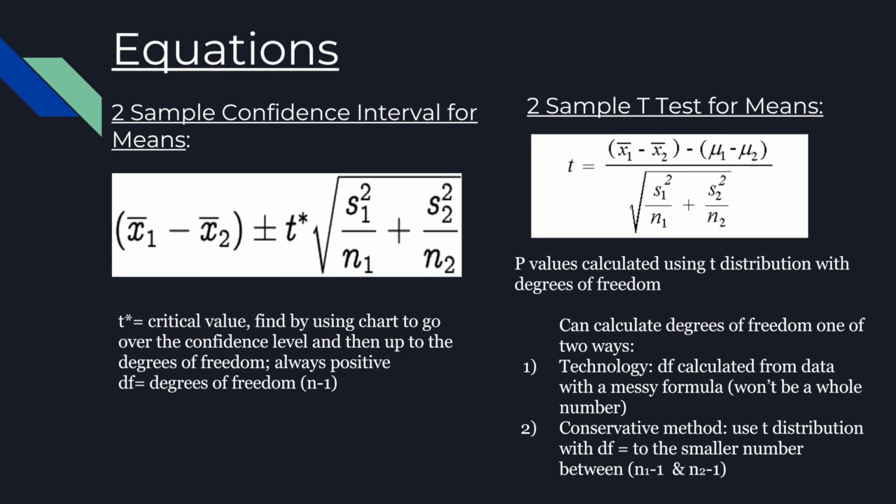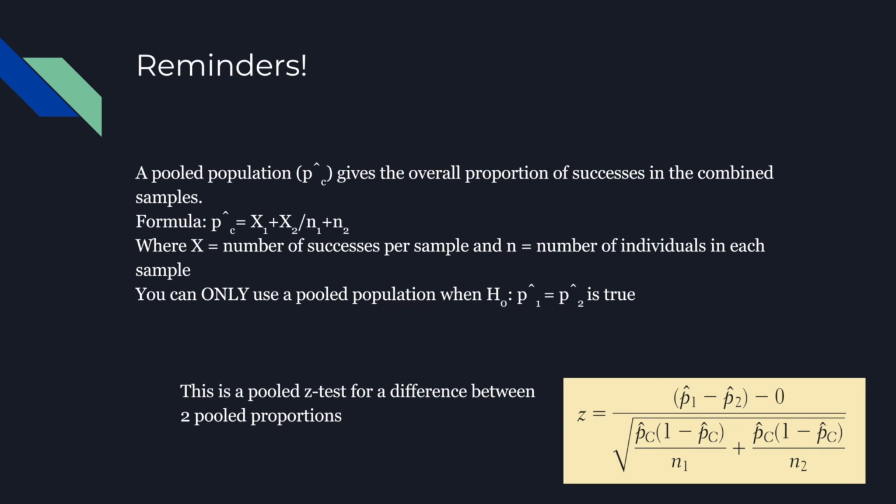You can use technology, from a calculator, and then you can do a conservative method. So df equals n1 minus 1 and n2 minus 1. You have to choose the one that's less and then go with that one.